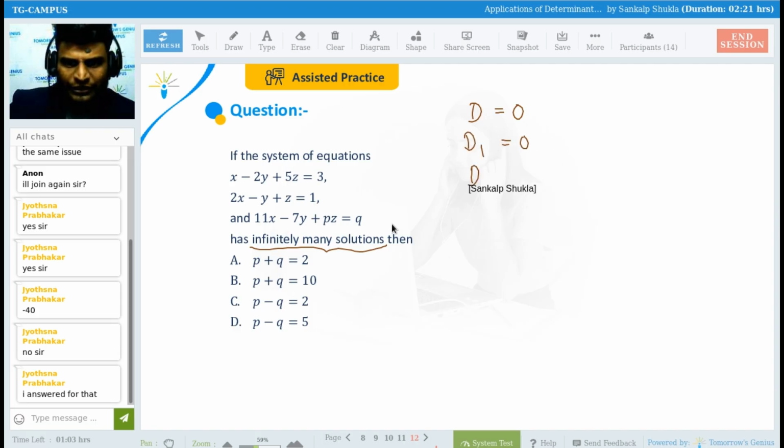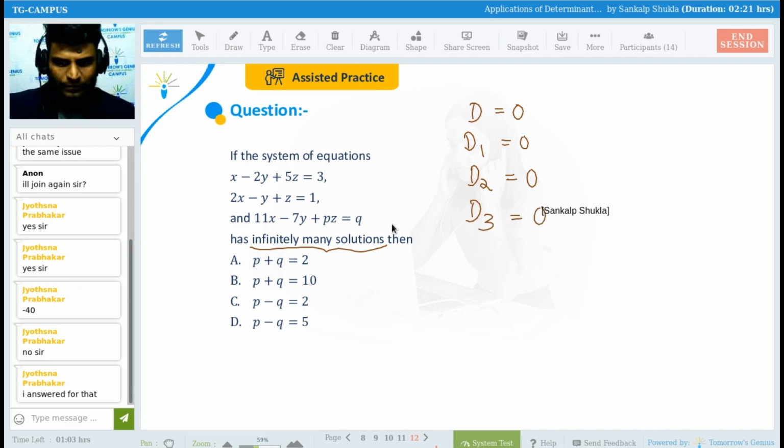Put D1 is equal to 0, D2 is equal to 0, D3 is equal to 0. And then find the relation between P and Q. Quickly do that.